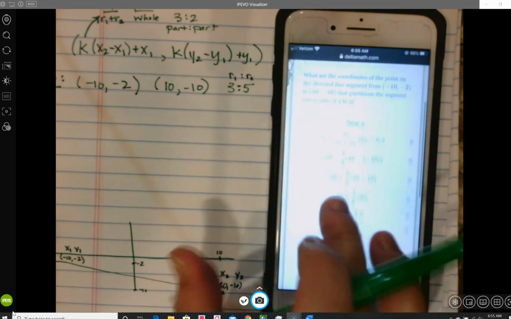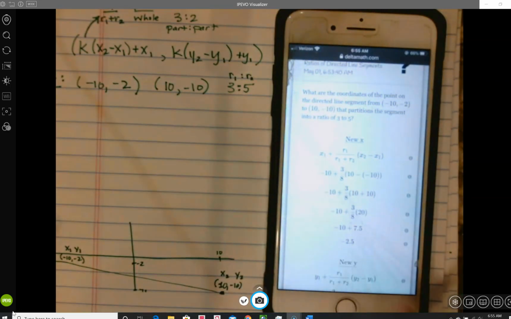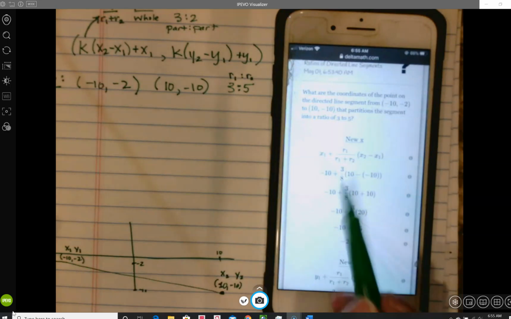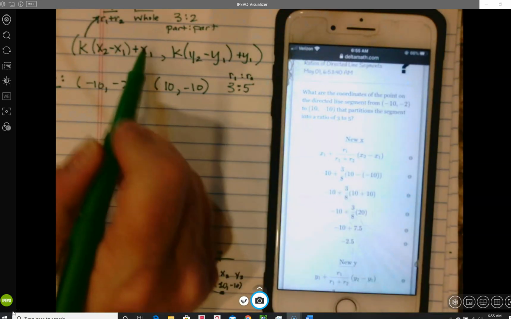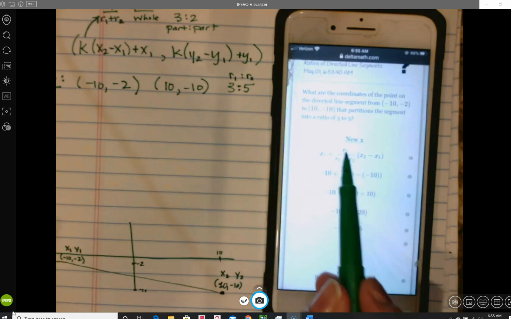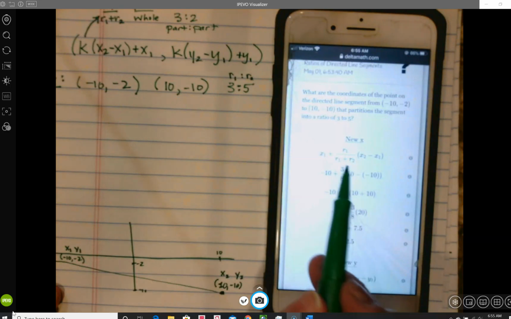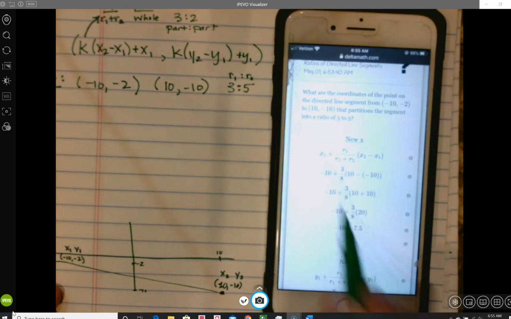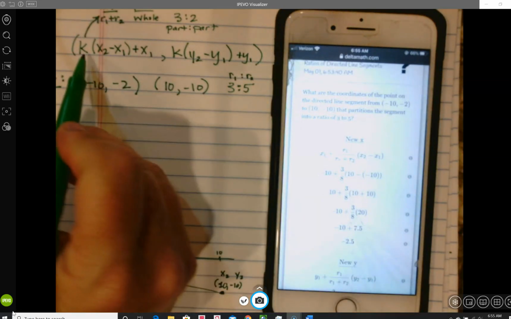So you can see in the example, they work out the x's first, and then they work out the y's, and they switch their formula around just a little bit. They put the x1 in front, and then they put the ratio right there. So the way they do it, everything's plugged in and worked out here. So I'm just going to show it using our original formula.